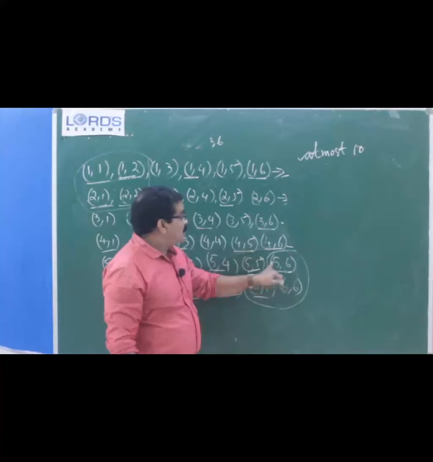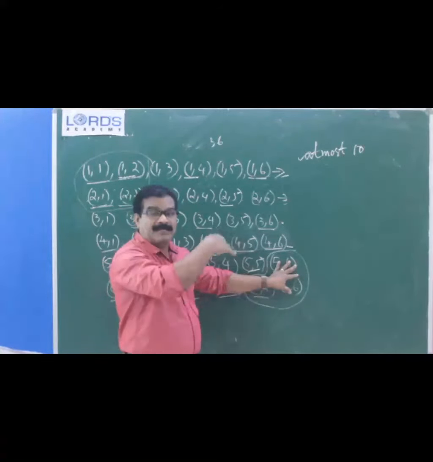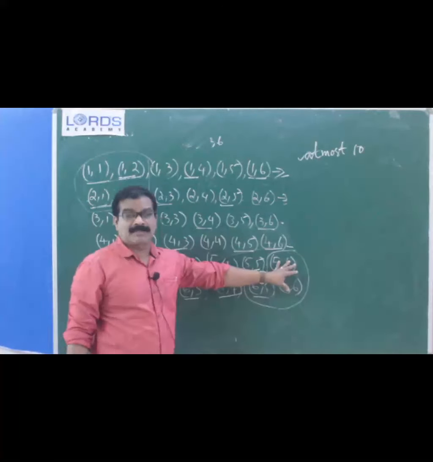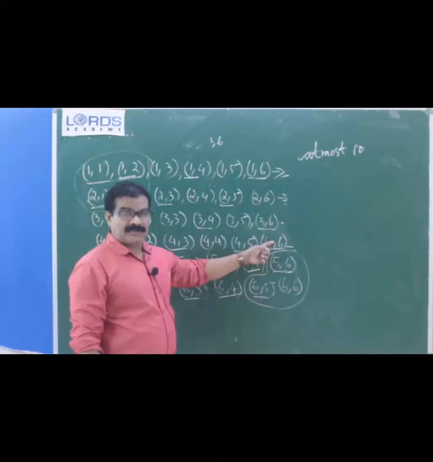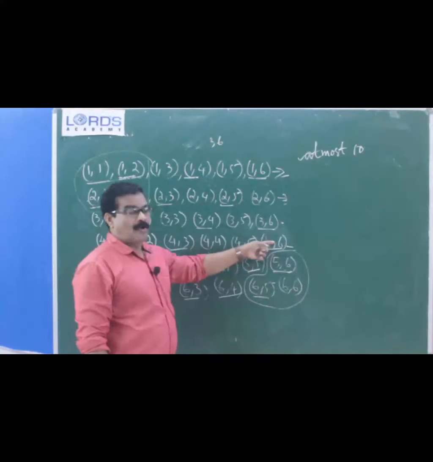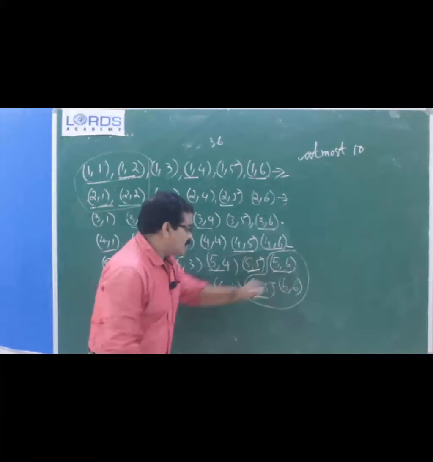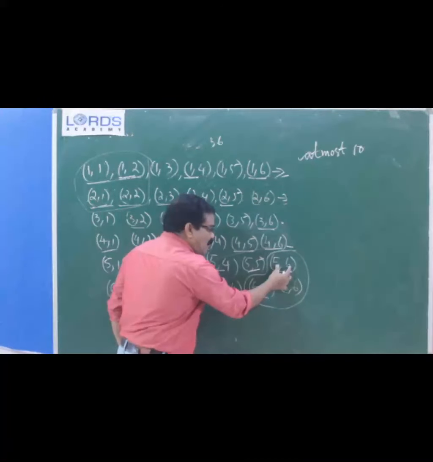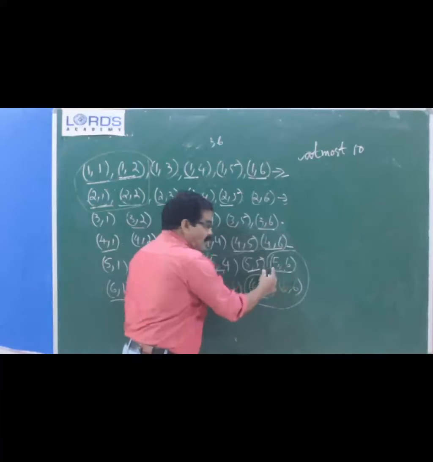So, these 3 pairs you can avoid from this set, that is the number of favorable cases. Total possible outcomes is 36. From that you avoid these 3 pairs, because when you add this you will get more than 10.